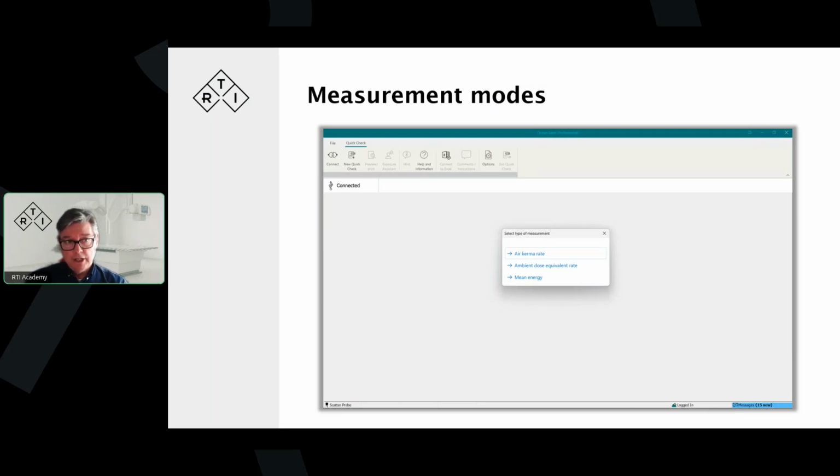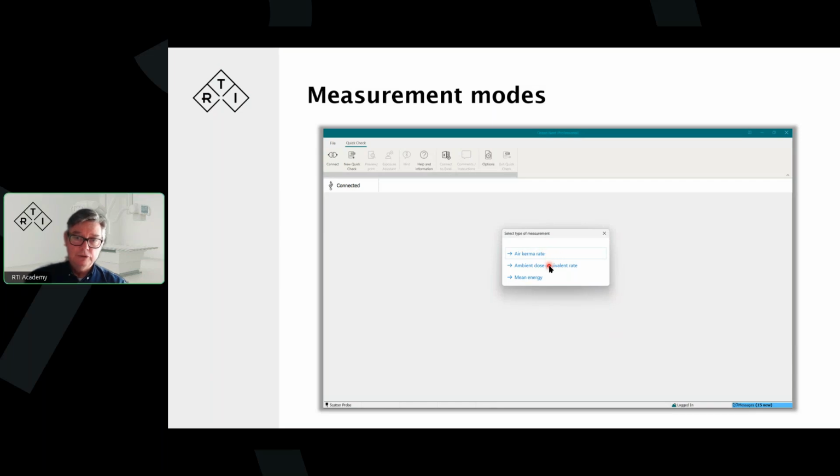When you connect the Scatter Probe, it will automatically identify, and when you start a quick check, this is the first screen that you will see. So you have the choice of different modes of operation. You can either measure the air kerma in gray, milligray, microgray, or mR, or micro R. When you're looking at leakage measurements, this is the mode that you'd be using.